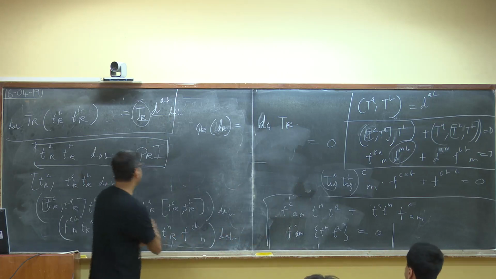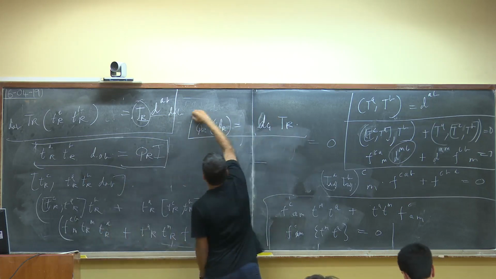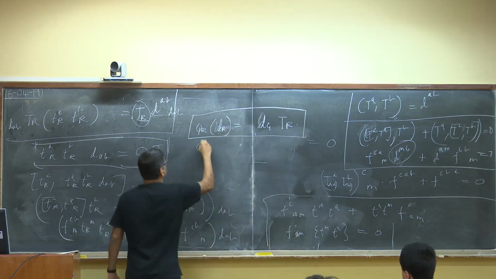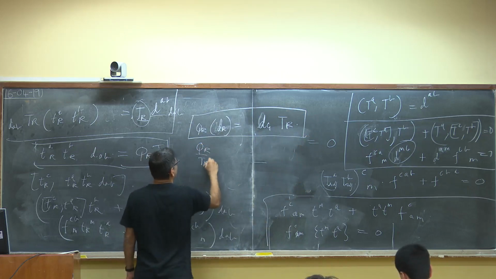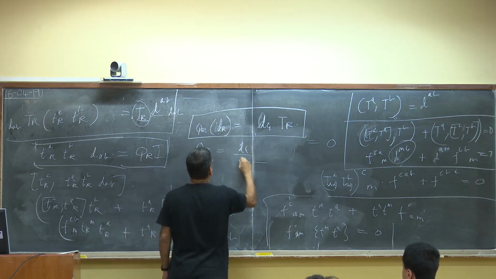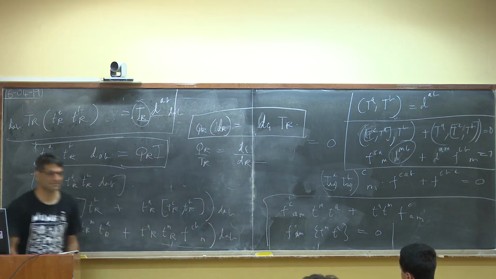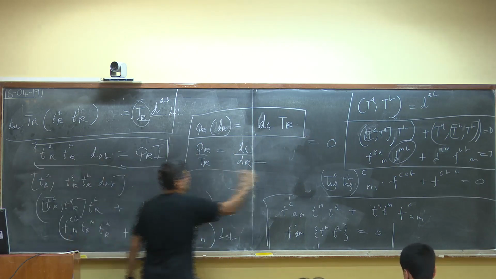And therefore that gives us the following ratio: QR divided by TR is equal to D_G divided by DR.